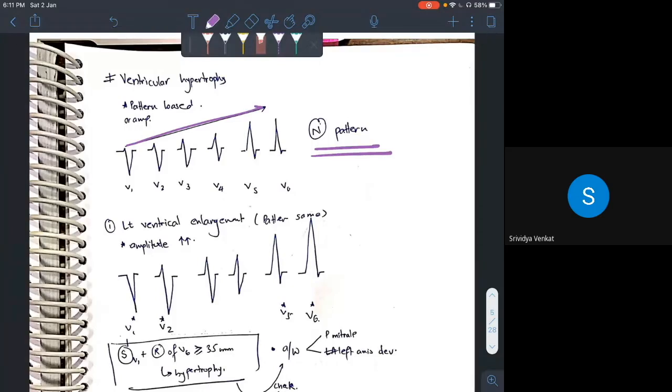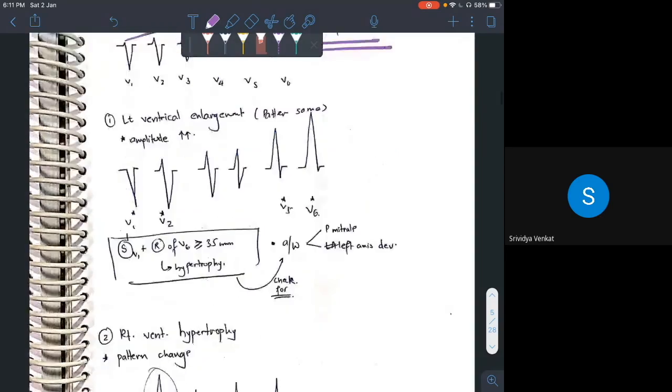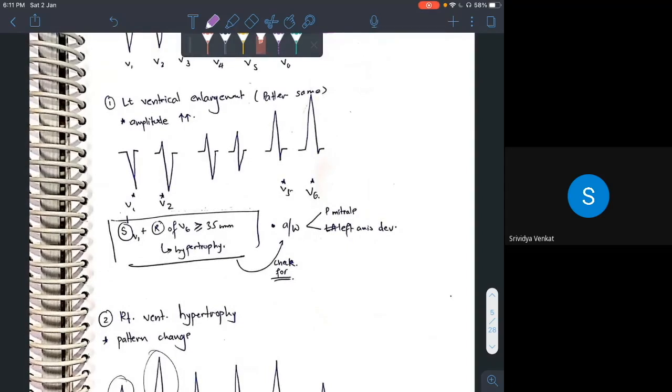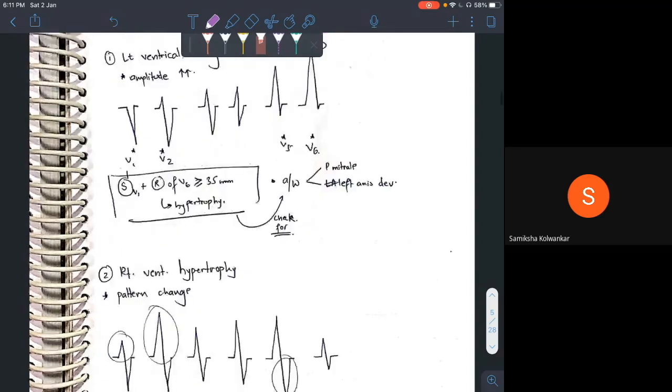So usually in the normal pattern of things, if you put all the V leads together, you're going to see a very gradual change from a deep S wave to a tall R wave. If you have a left ventricular enlargement, obviously the amplitudes of both V1 and V6 are going to increase. So effectively, the total will be greater than 35 mm.